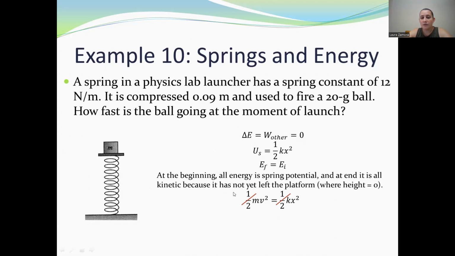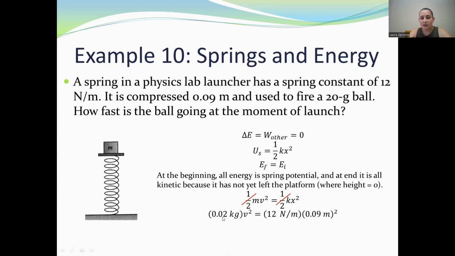So I didn't bother writing initial kinetic energy versus final kinetic energy and initial spring energy versus final spring energy, because again, at the beginning, kinetic energy is 0, so that factors out of our equation. And at the end, spring energy is 0, so that final spring energy factors out of our equation. We'll notice that we have a 1/2 on both sides of the equation, so we can cancel that out.